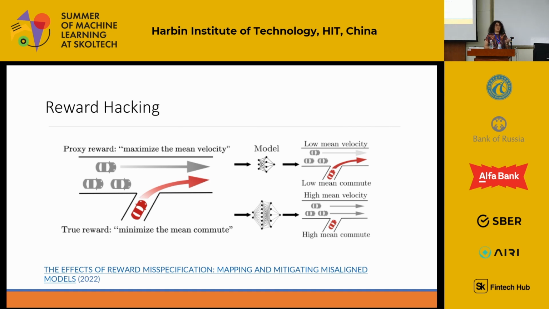So that's a typical reward hacking situation. The real reward, mean commute, will become infinity because one car never reaches its destination, but our proxy reward increases.